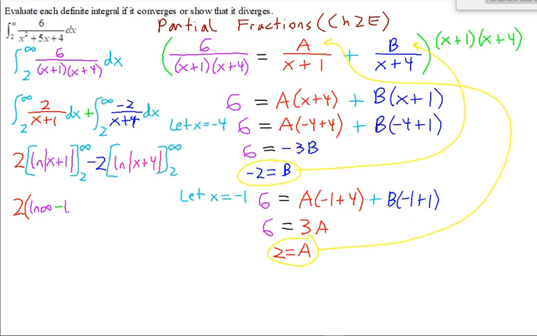Here we're not going to get any negative numbers though. And then -2. You plug in infinity. Again, the plus 4 is negligible when you plug in infinity. So it'd just be natural log of infinity minus natural log of 6.